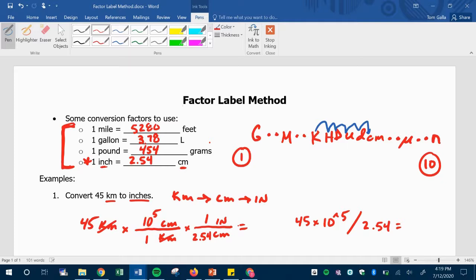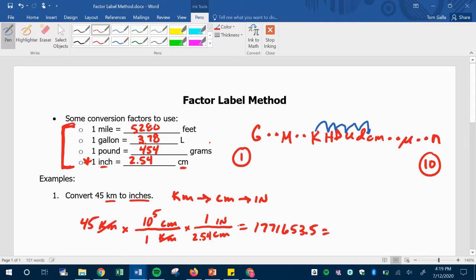And so, as you guys are plugging this into your calculator, we should get the same answer, and it should be 1771653.5. And yes, I know that there's some other numbers there, but let's not write all of this every single time. Let's just round for now.